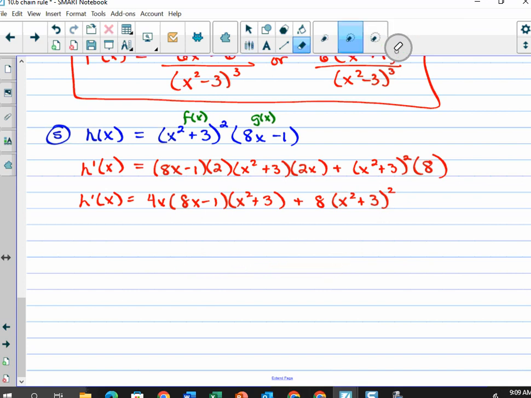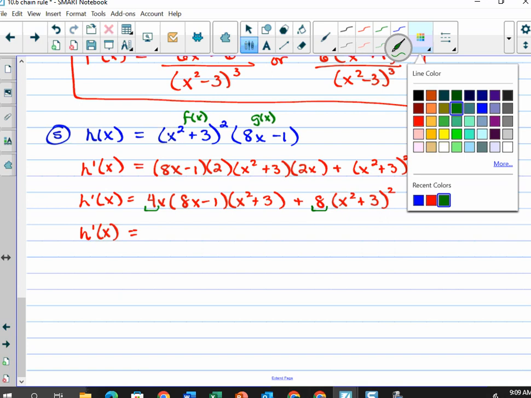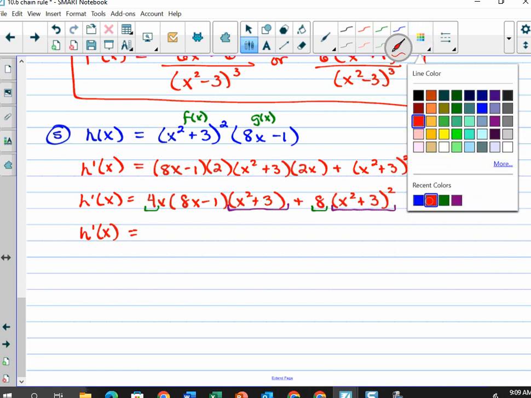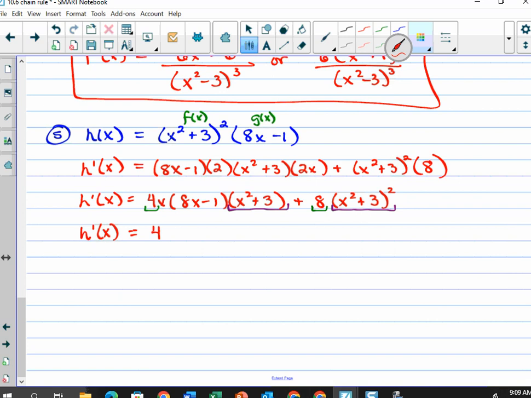Okay, guys, from here, do not multiply everything out. We're going to factor. Here's what I see for common factors. I can factor a 4 out of both of those, right? Then I can also factor an x squared plus 3 out of both. So out front, I will have a 4 and an x squared plus 3.